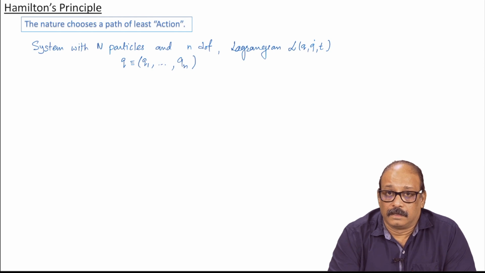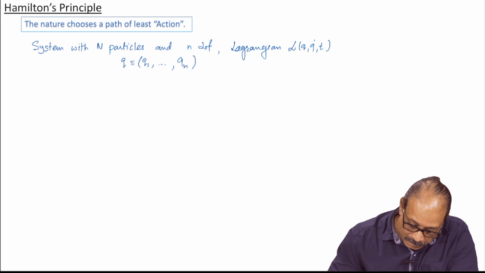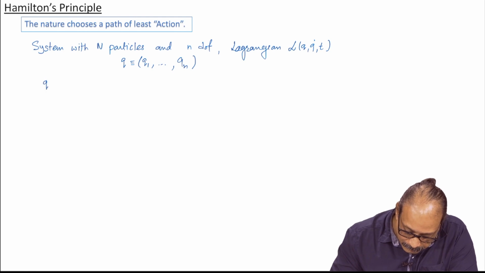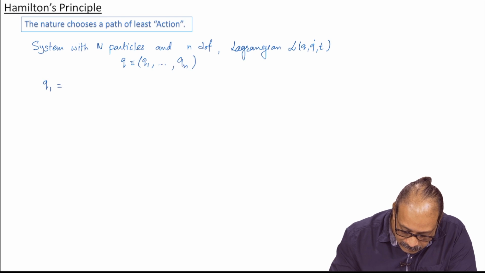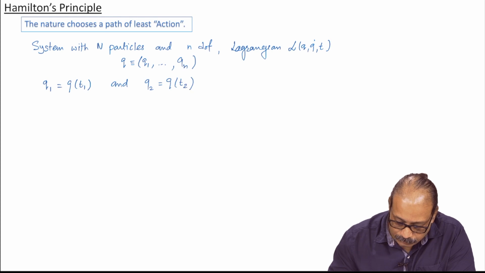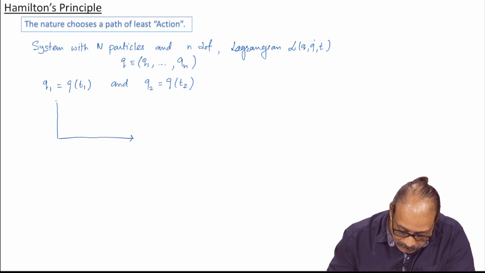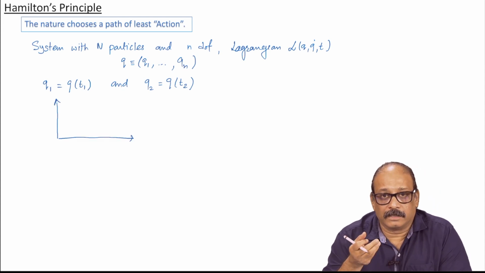Now, let me pose the problem just the way I posed the projectile problem. So, let q1 be a point which is q at t1, and let q2 be another point at t2. So, in the space, okay, I can't draw the configuration space.